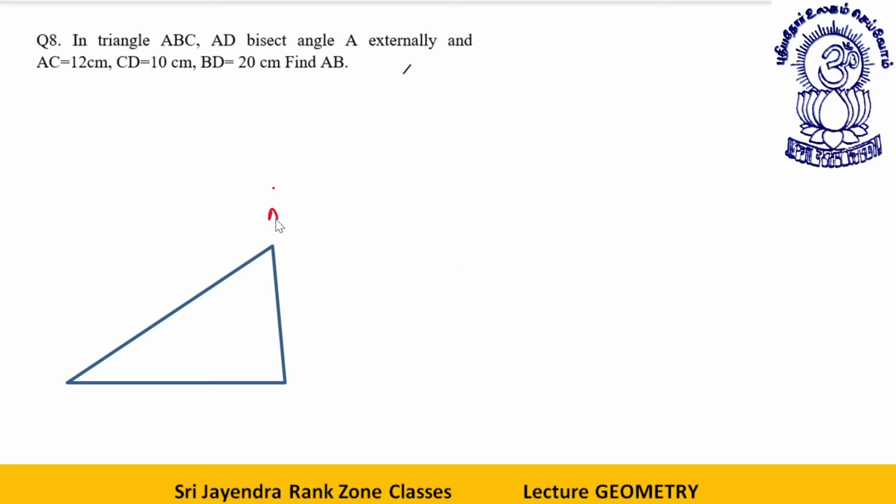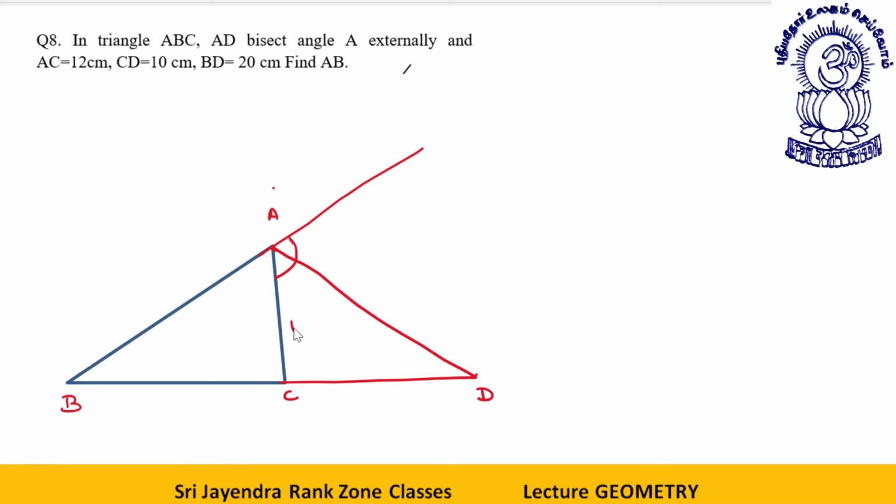Now let's say this is A, this is B, this is C. AD bisects angle A externally. Let's say this is angle A. Now this is bisected, like this. This is D.